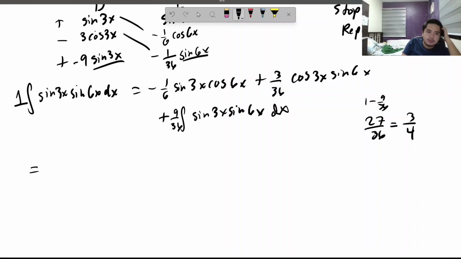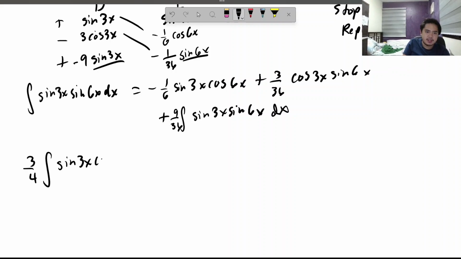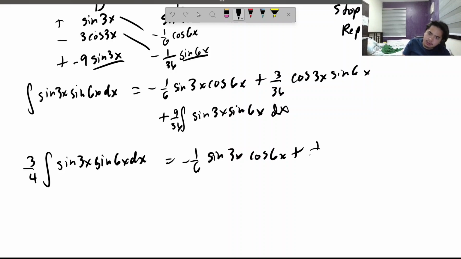So 3 over 4 on the other side, integral of sine 3x sine 6x dx. This becomes negative 1 over 6 sine 3x cosine 6x plus 1 over 12 cosine 3x sine 6x. Alright, multiply both sides by 4 over 3, so we can nullify the 3 over 4.